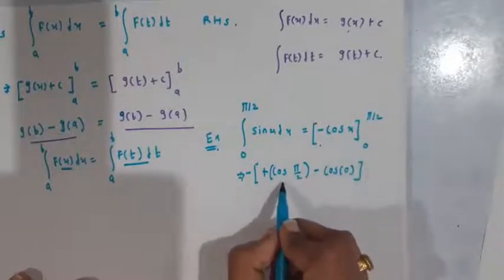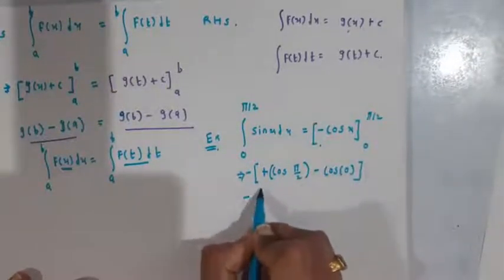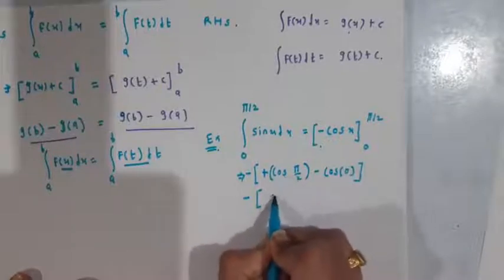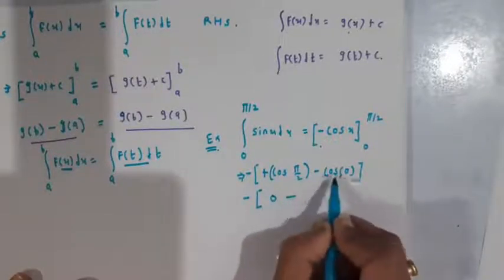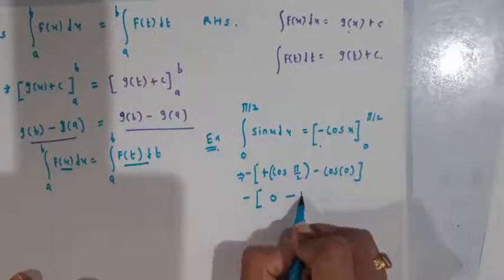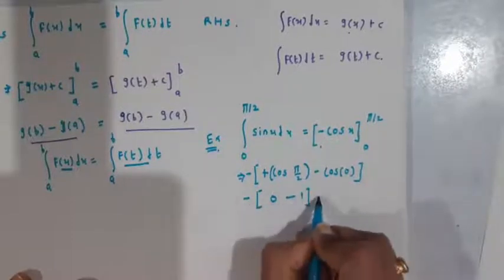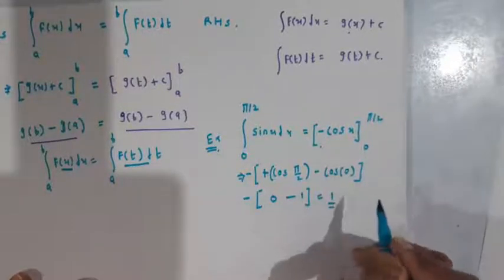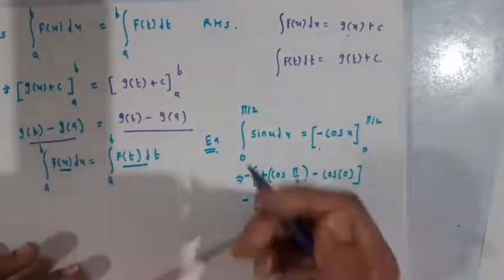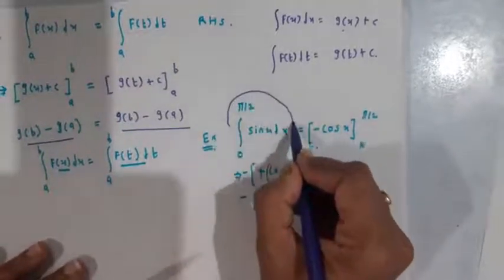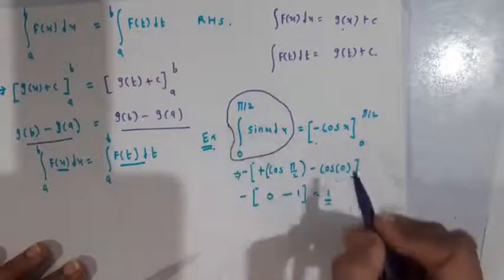Cos pi by 2 is 0, and minus cos 0 is minus 1, so minus minus 1 gives plus 1. So the value of this definite integration is 1.